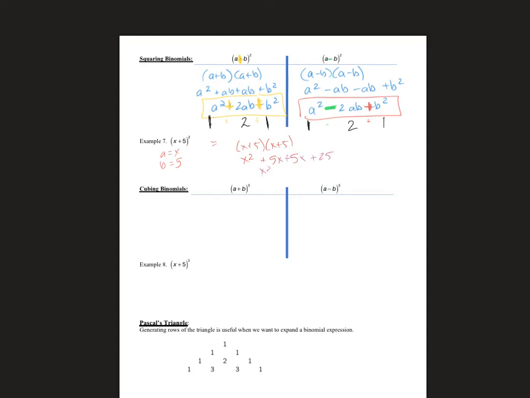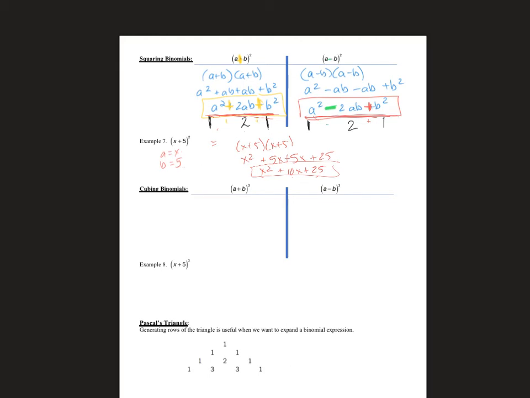So that's x squared plus 10x plus 25. Does that work if I substitute in A and B? A squared plus 2 times A times B plus B squared. Yes. So you can actually do the multiplication, or you can remember these little coefficients and just learn these, and that would be helpful.